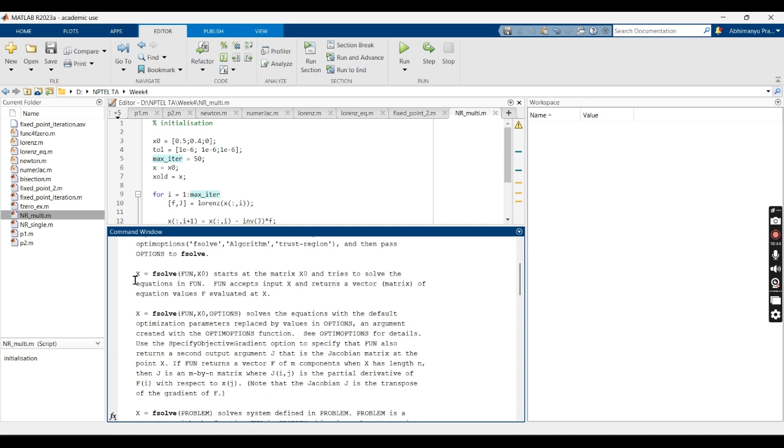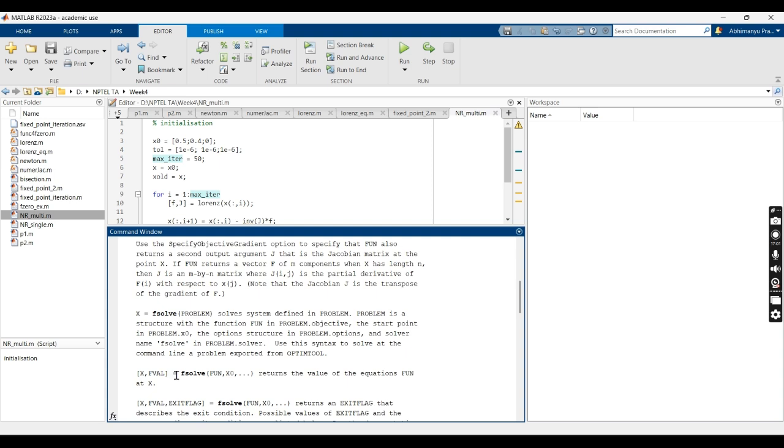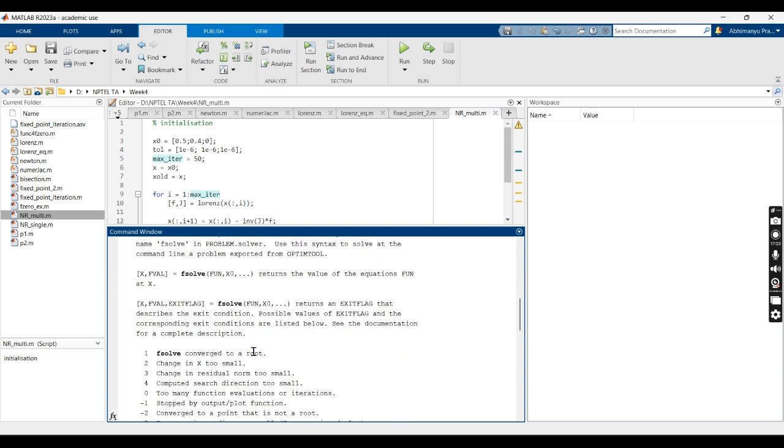So the simplest case is this. We need to provide a function and the initial guess. We can further provide different options such as the tolerances, what sort of algorithm we are using and things like that. And if we look at the outputs, we get x, the solved value of x, the function value at this solved x value, and the exit flag.